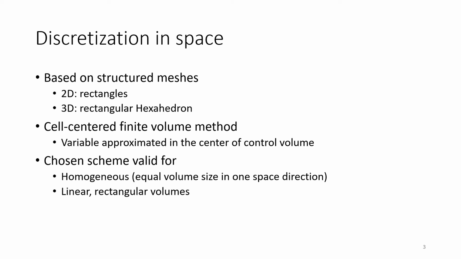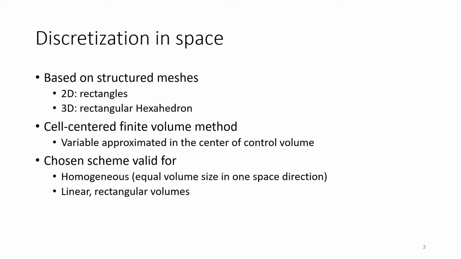So this is where we have the structured meshes. And then as a method, it is based on the cell-centered finite volume method. So you hopefully still remember from the lectures about spatial discretization what finite volumes are and how it works. The cell-centered just simply means that you approximate the variable in the center of the control volume, and then you still have the fluxes through the surfaces of your control volume.